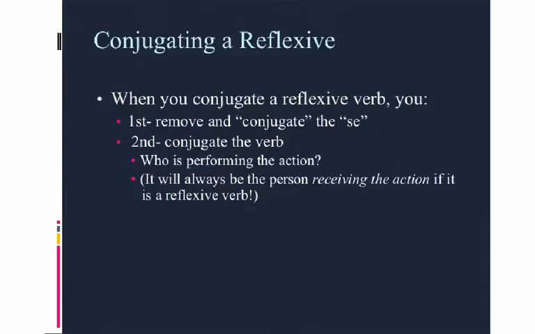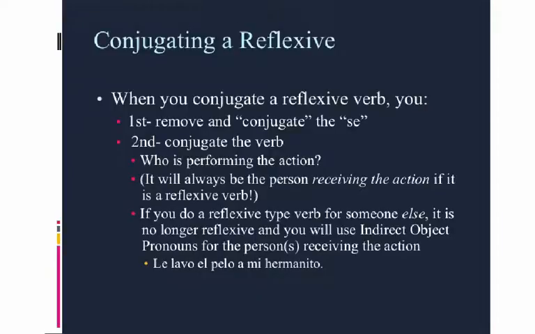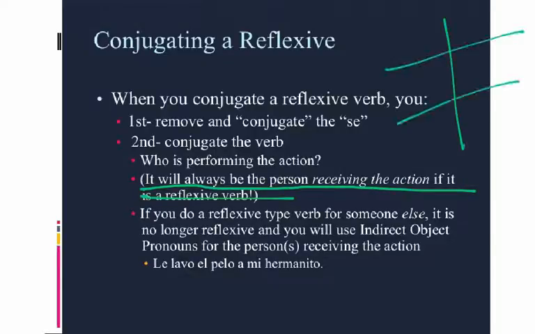We talked about all the different steps there. So I'm conjugating the verb. And again, I said this a minute ago, but it's always going to be the person receiving the action. So whatever I'm using on the verb chart, it's going to be the same on the reflexive pronoun chart. If you do a reflexive type verb for someone else, it is no longer reflexive, and then I'm using the indirect object pronouns.